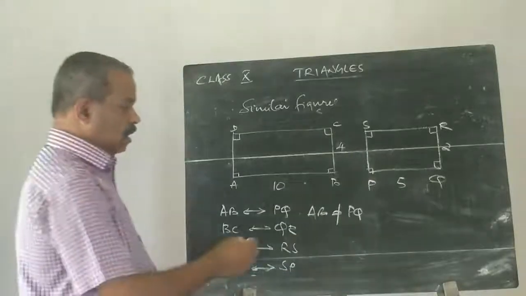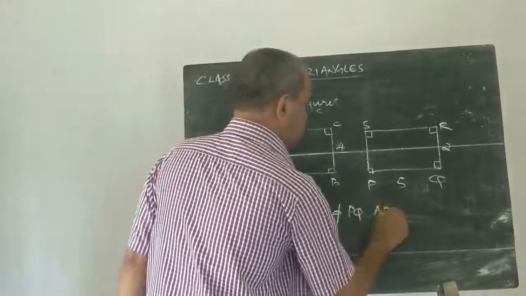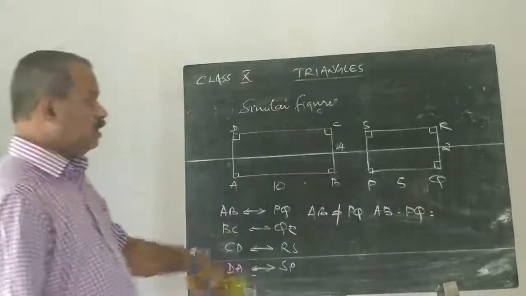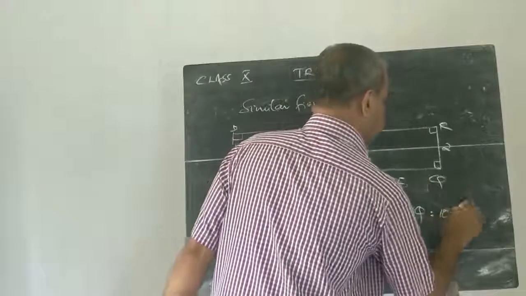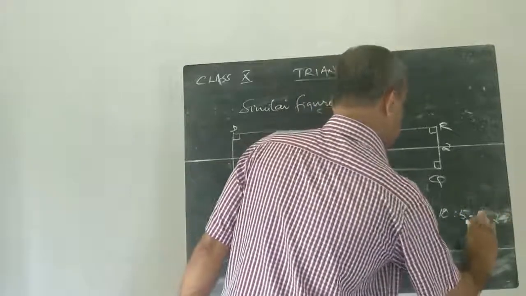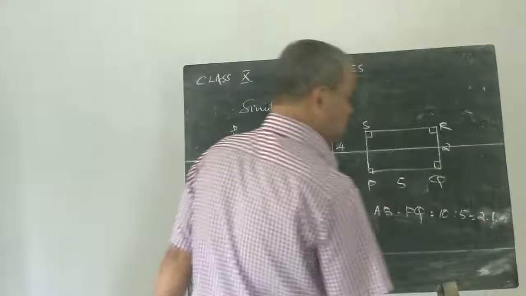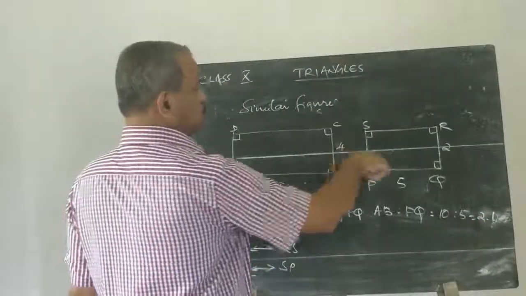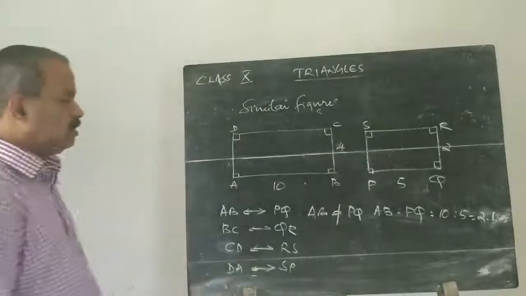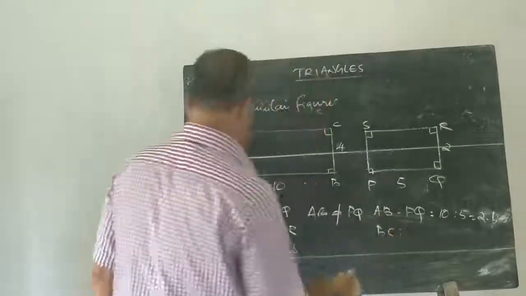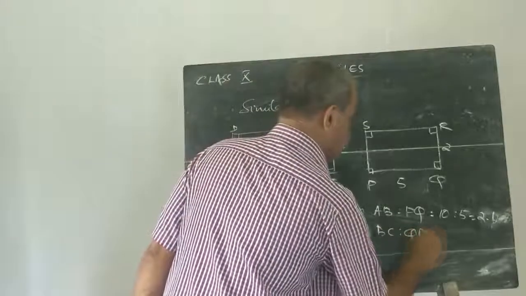Let us see. What is the ratio of AB and PQ? 10 is to 5, which is 2 is to 1. Now BC is also not equal to QR. But what is the ratio of BC and QR?